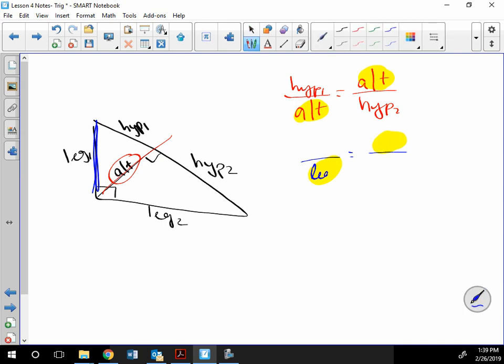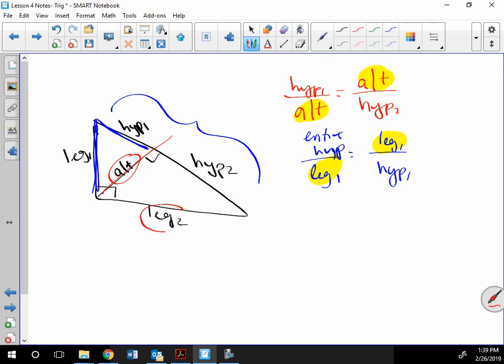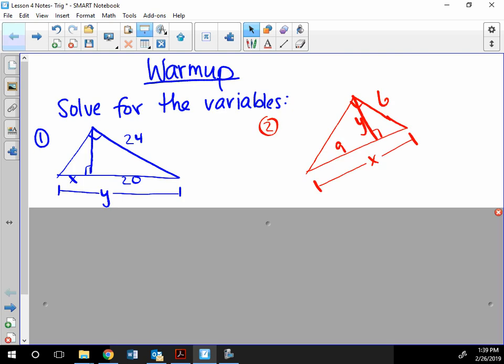My leg, and I'm going to talk about leg 1 here, is the geometric mean of the entire hypotenuse and the piece closest, so the one that it's connected to. Same idea if I were to use leg 2: I would do the entire hypotenuse and the piece closest to that, which would be 2. Okay, so that's our setup here.